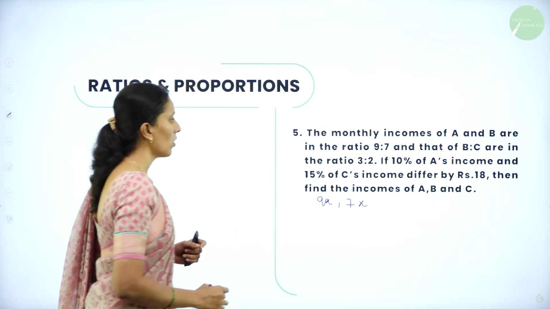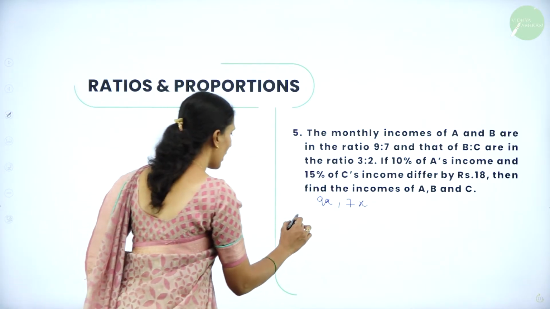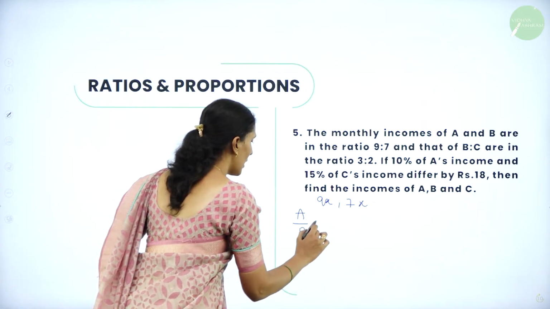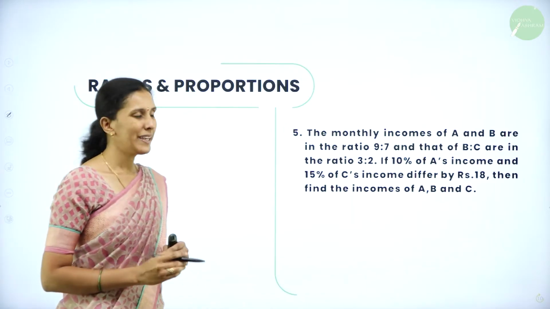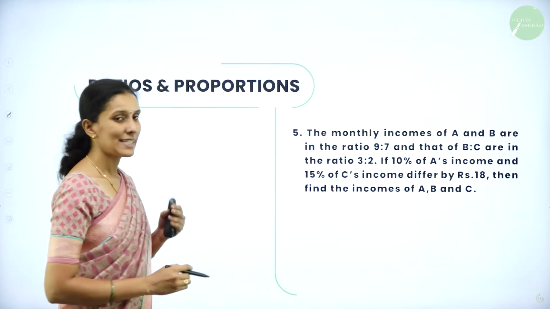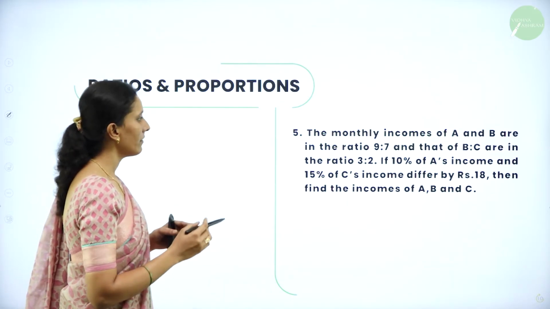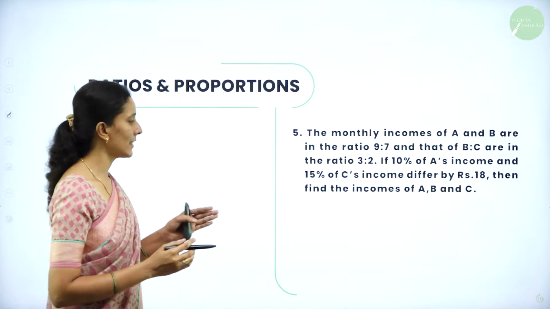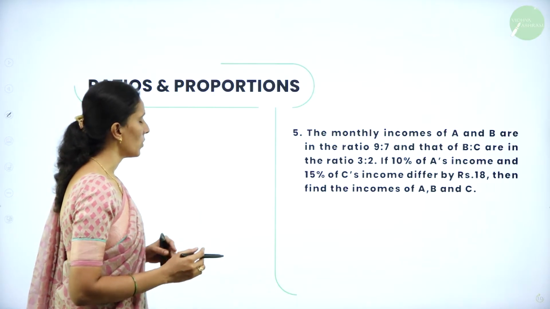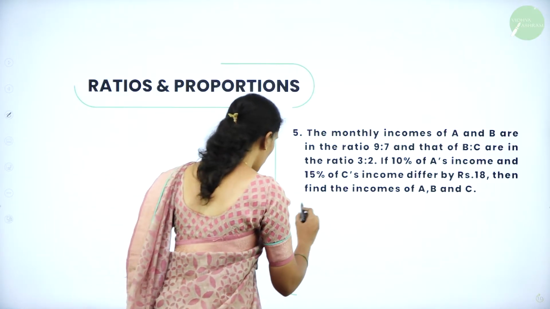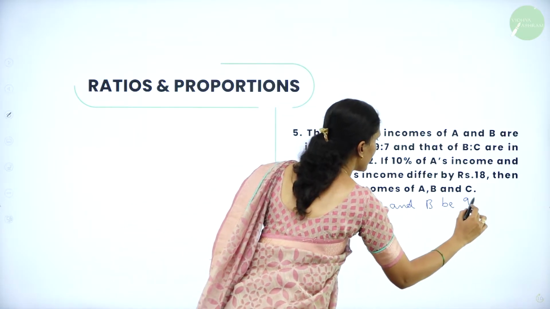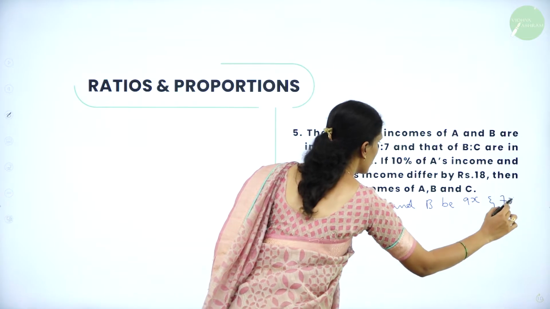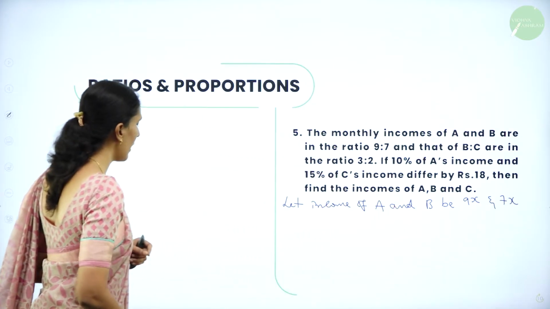So therefore, what is my ratio? Now A by B will be equal to 9x by 7x. So let me take the incomes of A and B as 9x and 7x, and given the ratio of B and C is 3:2. What is given again there?